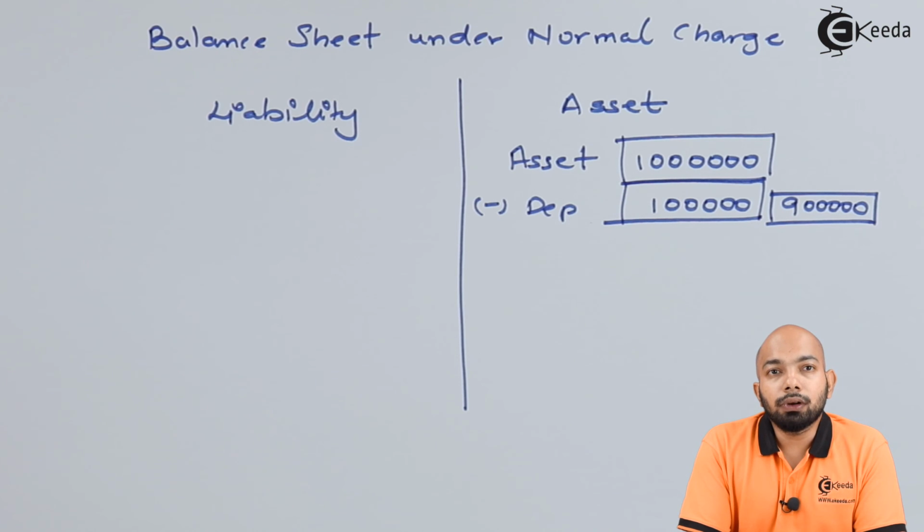Now what would happen if there was a provision for depreciation here? We'll understand this specific thing in the next sheet itself. Let's figure out what would happen if the same situation was under provision for depreciation, and this will be restricted to balance sheet treatment.